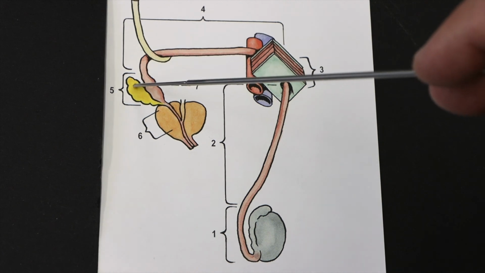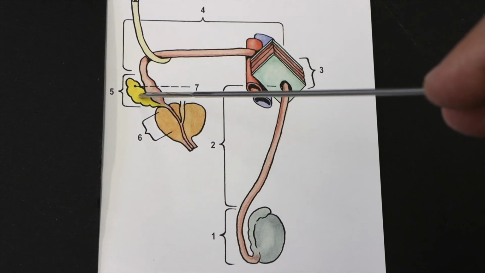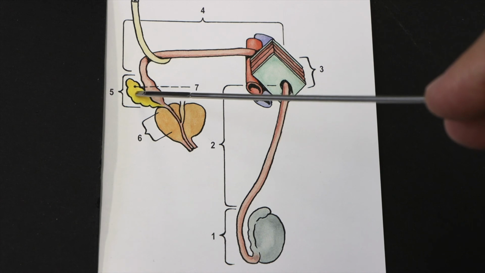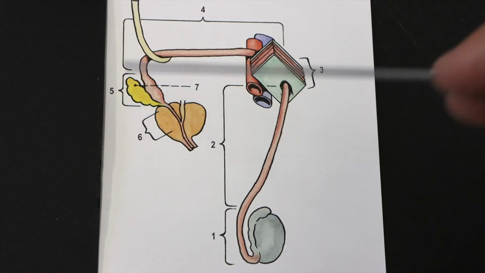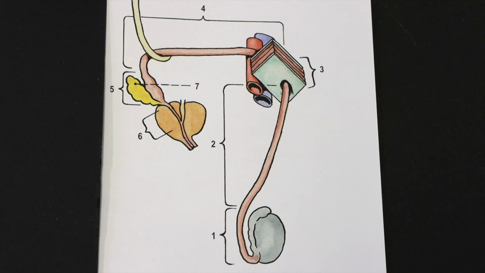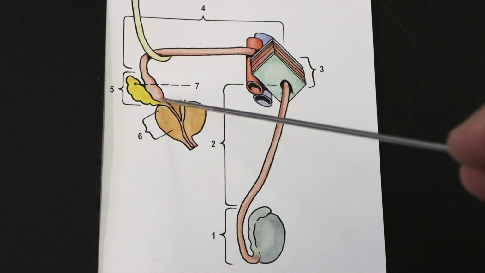It is joined with the duct of the seminal vesicle, or vesicula seminalis, another gland that secretes the seminal fluid.